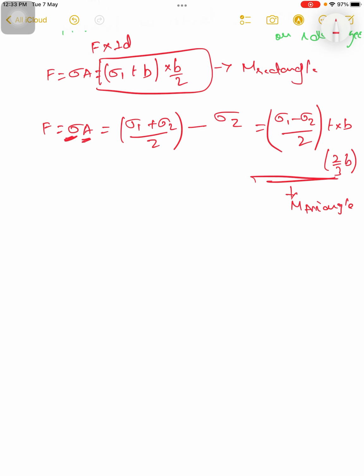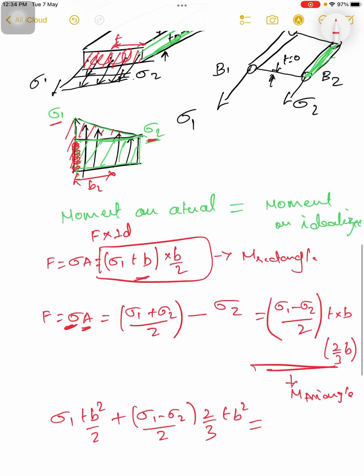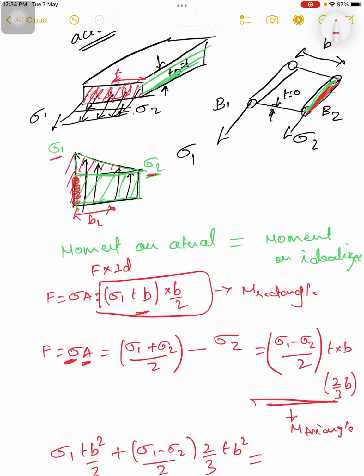So on the left hand side I can write sigma 1 T B square by 2, plus sigma 1 minus sigma 2 divided by 2 into 2 by 3 T B square, equal to, now the right hand side, force into perpendicular distance.